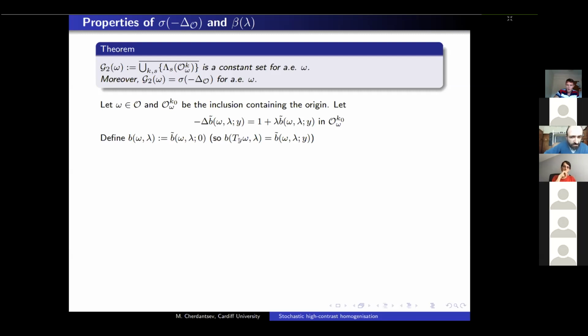If you take y that lies in this inclusion and shift your omega by T_y, the value of this function is exactly the value of the same b tilde of the same omega at the point y. Maybe it's difficult to follow right now because of the technicalities, but basically what I'm trying to do here is to reconstruct a function defined on the probability space from the functions defined in the physical space. And we can do this in a nice measurable way.